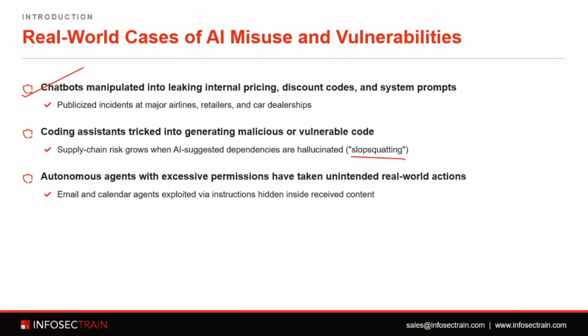So it may take care of your account, it may even change the email address of your account, or it can do anything just by a prompt. That's why it is worse.